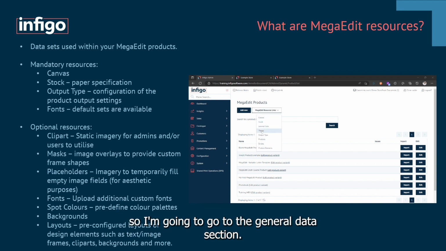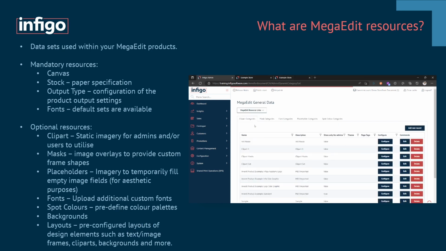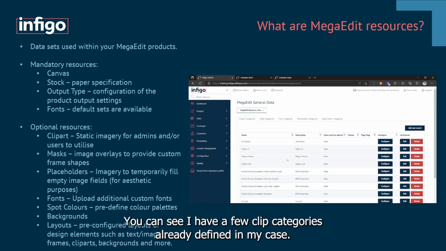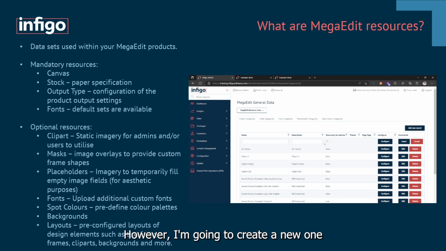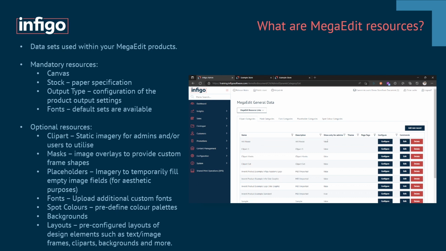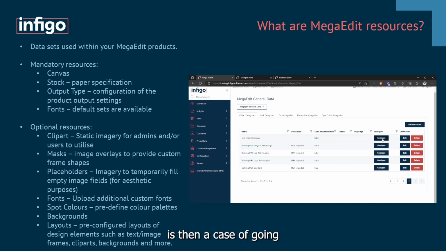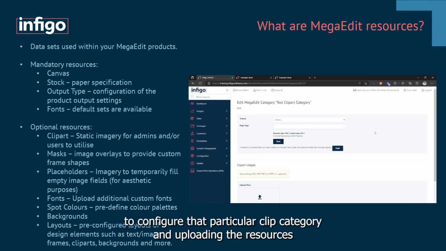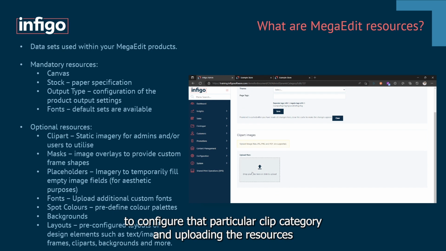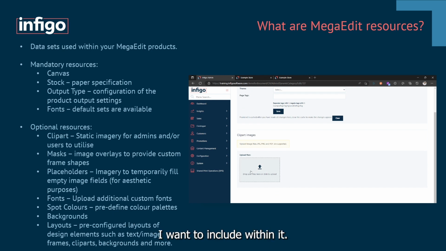So I'm going to go to the general data section. You can see I have a few clip art categories already defined in my case. However, I'm going to create a new one. It's then a case of going to configure that particular clip art category and uploading the resources I want to include within it.